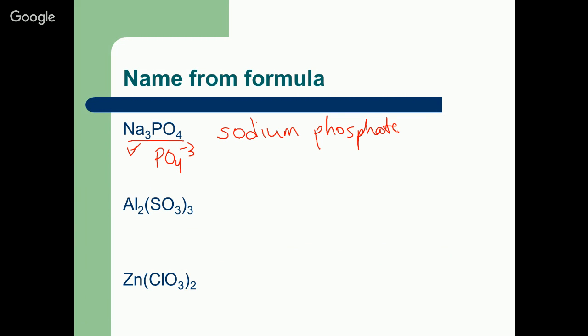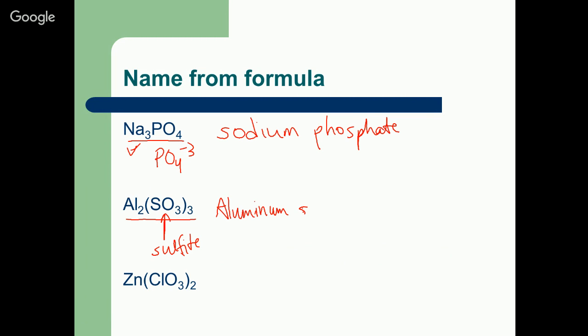In the second one, we have Al2(SO3)3. I will explain the parentheses when we get to the next slide, so be on the lookout for that. Here we have Al, which is aluminum, so we get the name of the first element. The second ion here, SO3, is sulfite.